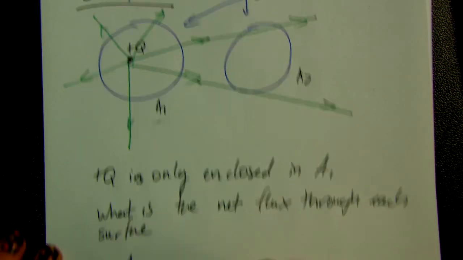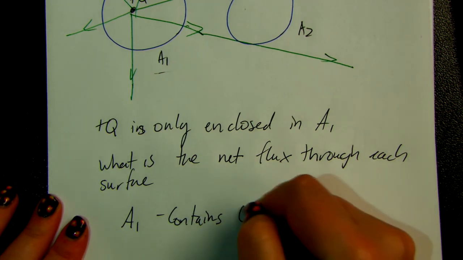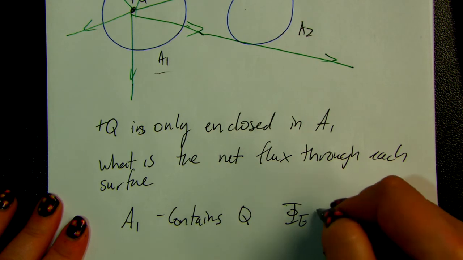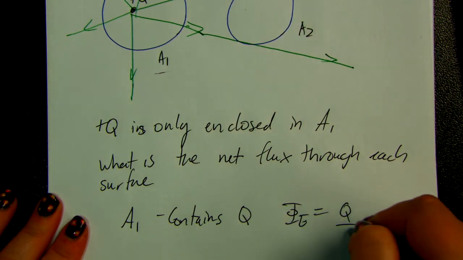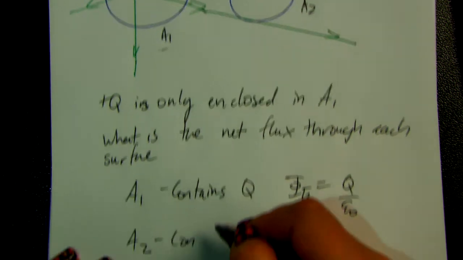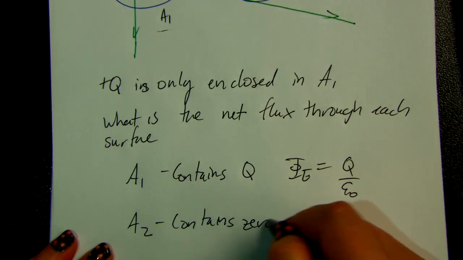So A1 contains Q. Therefore, flux is equal to Q over epsilon naught. Easy peasy. And A2 contains 0 net charge.